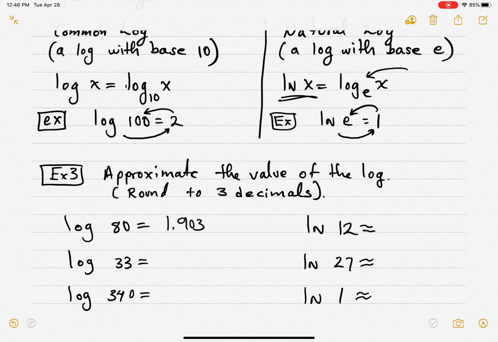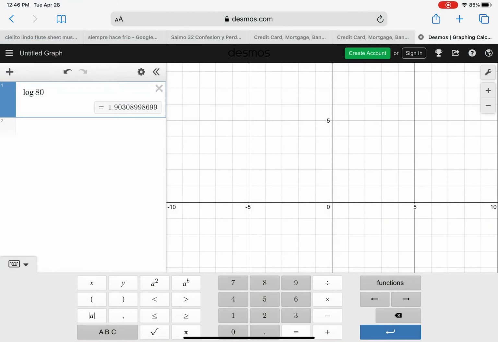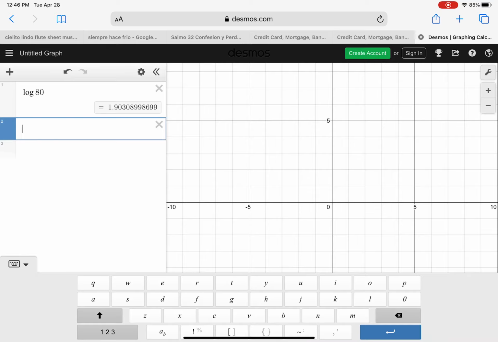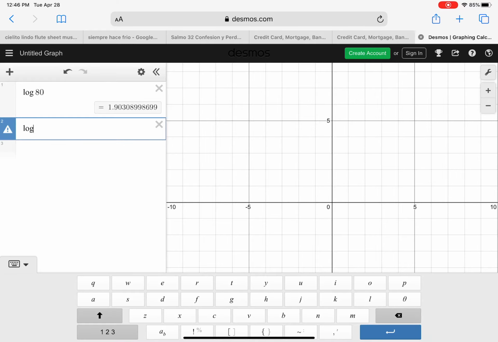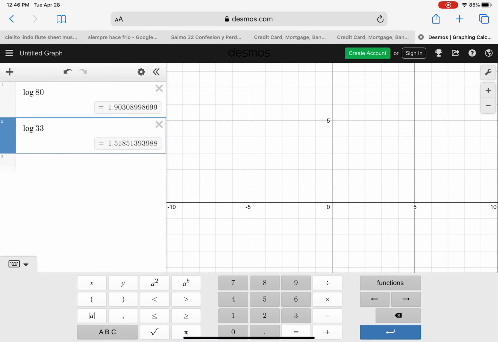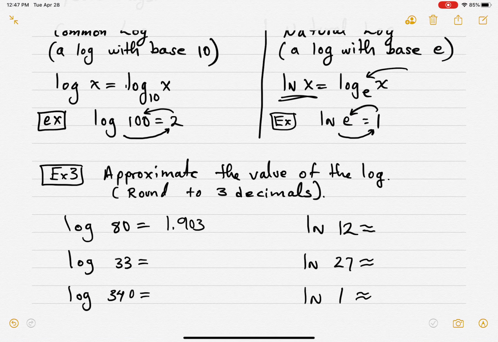So the log of 33, we just go back to decimals and you just type in log of 33, and we see an approximation which is 1.519. You round it to 3 decimals. 1.519, and we can just keep going like this.